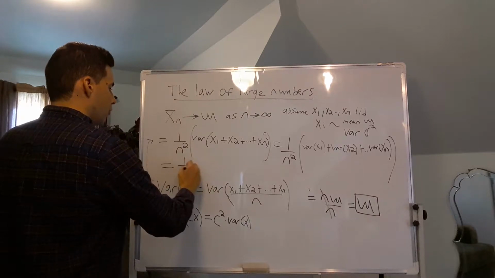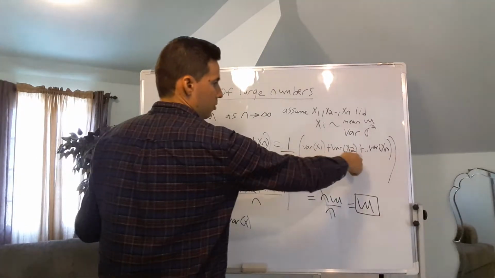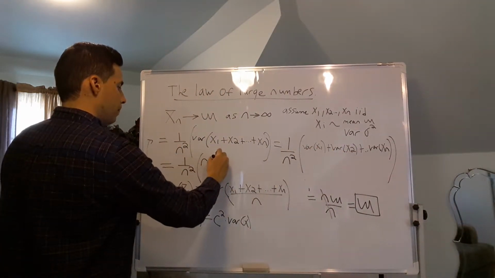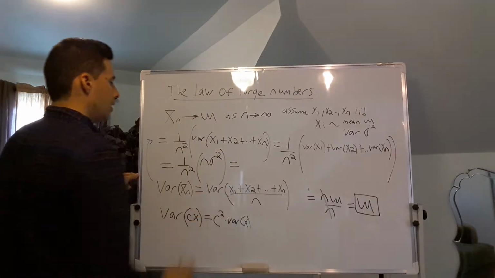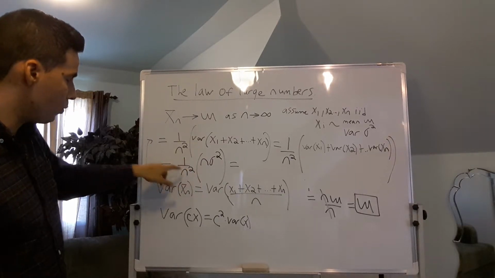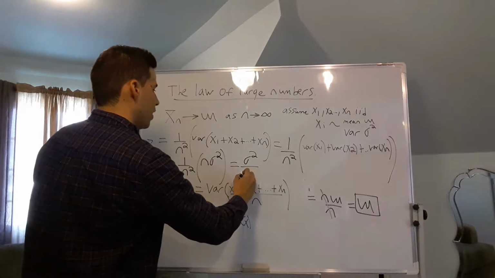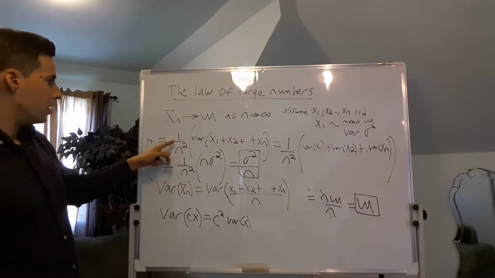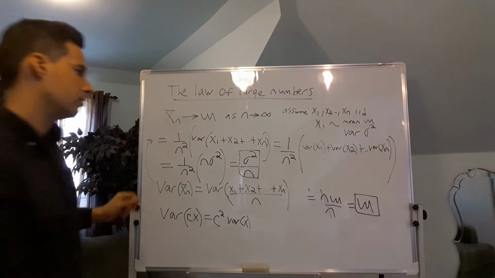So we're going to get 1 over n squared times n random variables, n of them, times sigma squared. One n will cancel out with one of these n's, and you're left with sigma squared over n. This is the variance of X̄n: sigma squared over n.